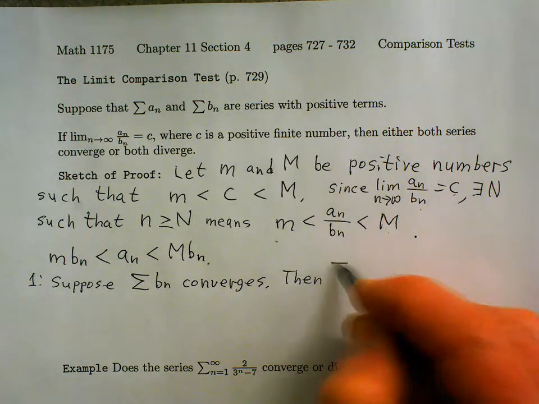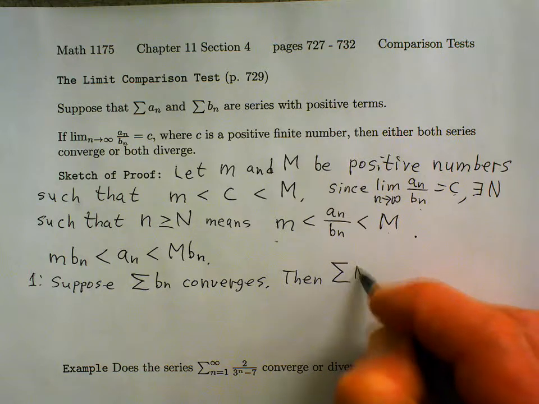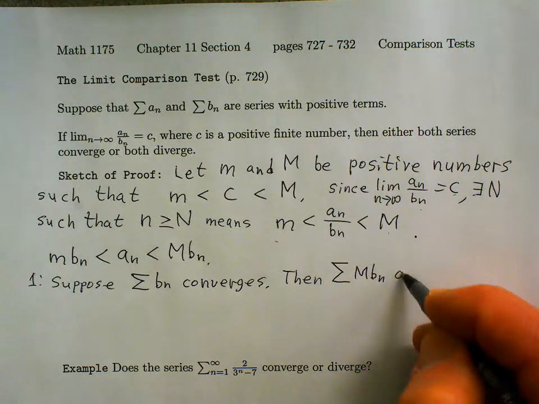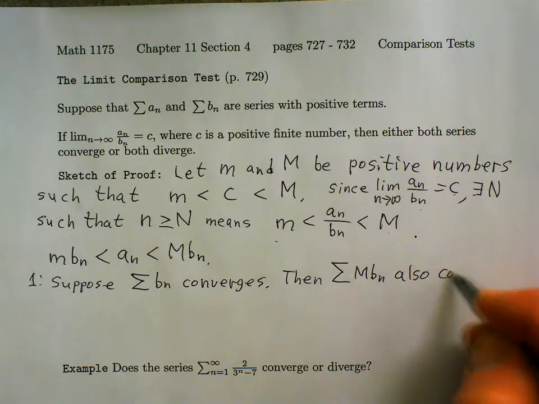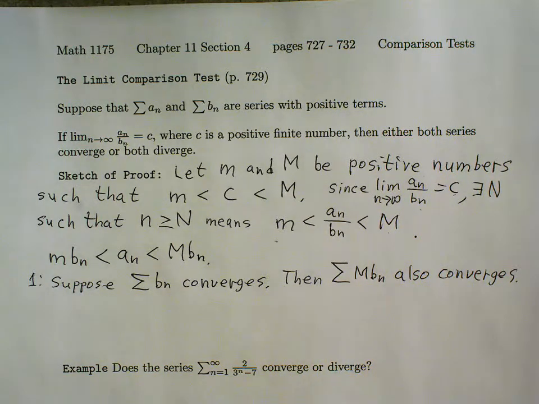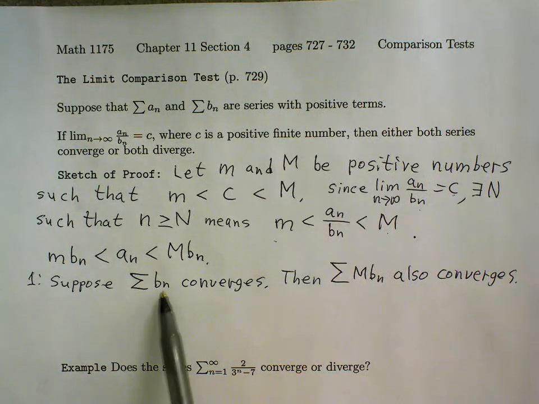Then the series of the m times b sub n terms also converges, because all we're doing is multiplying each of the terms from the convergent series by the same positive number.